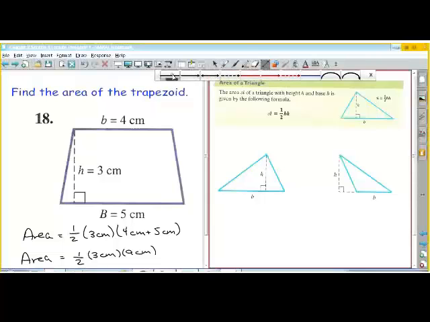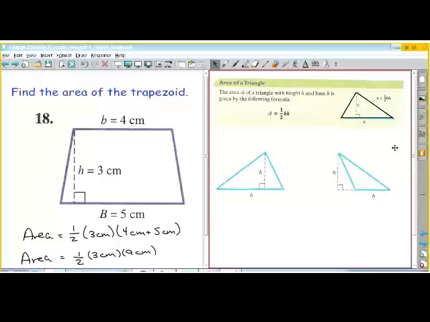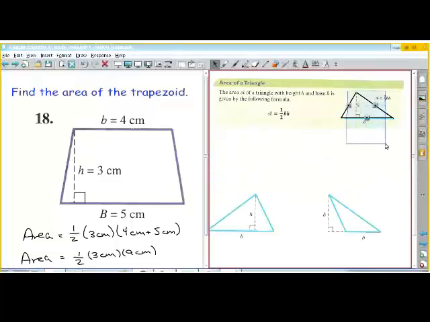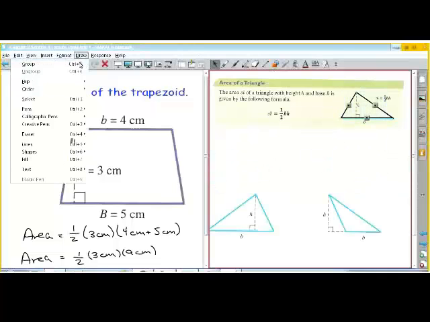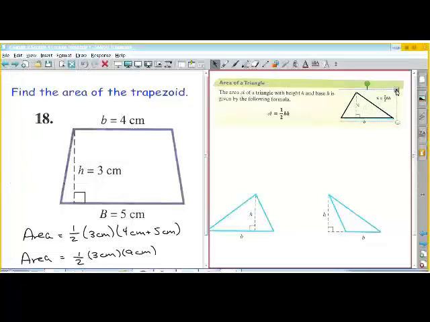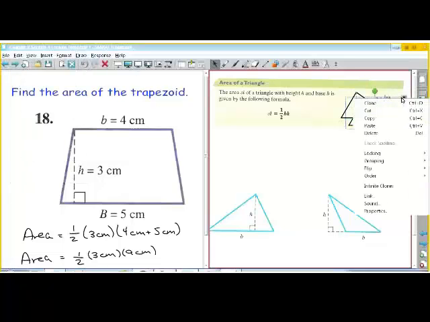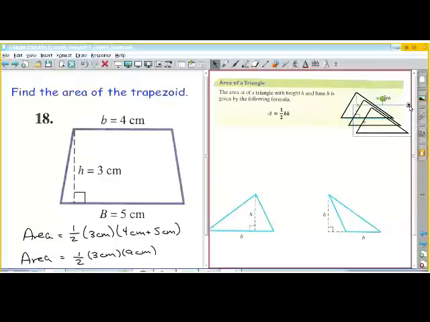Now let me create a duplicate of the triangle. Okay, making lots of copies of it.